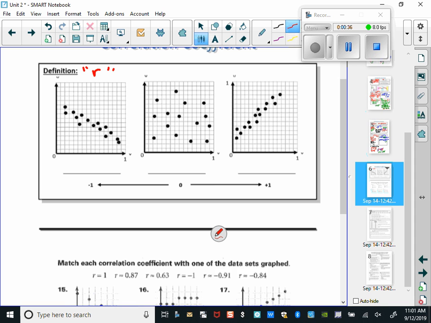So your R is your correlation coefficient, and it's how close your data is to your line of best fit.